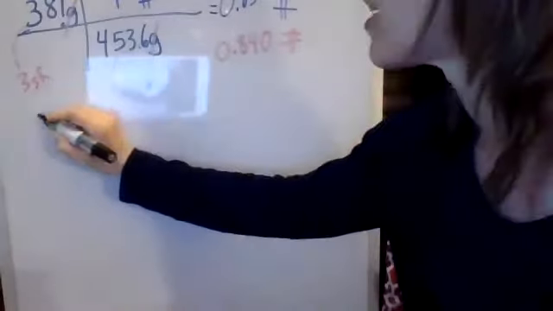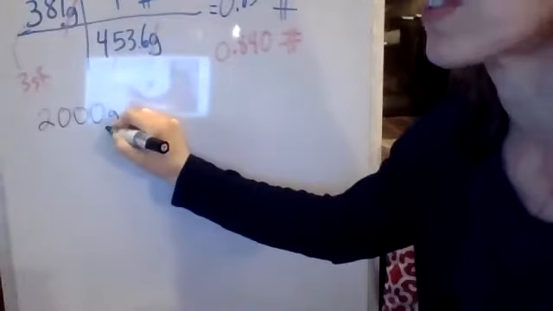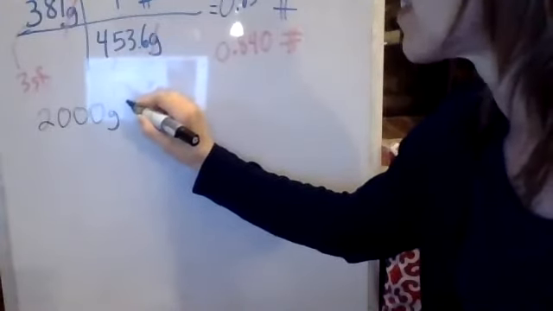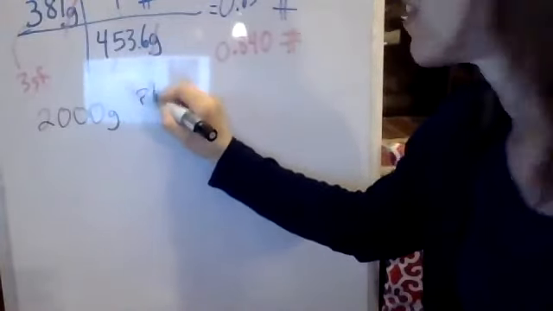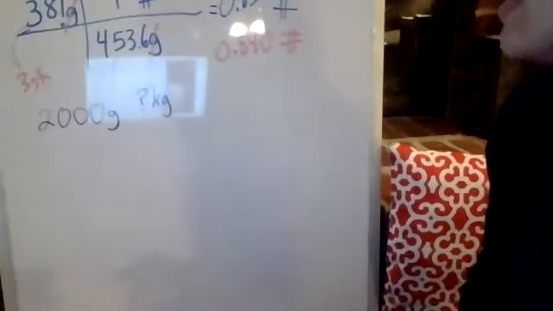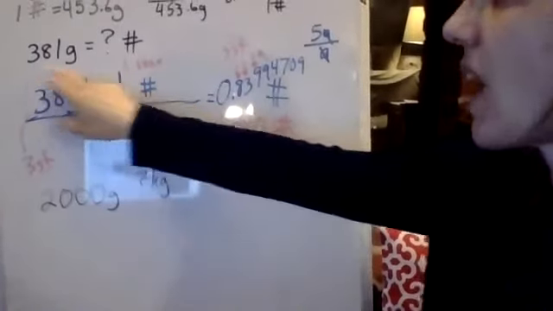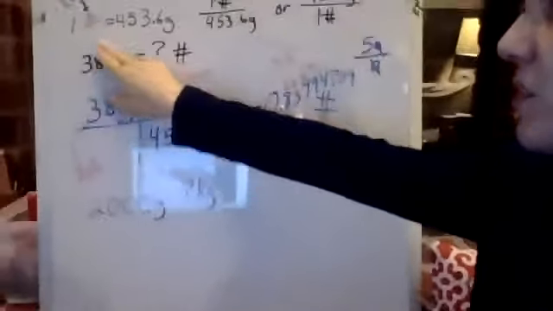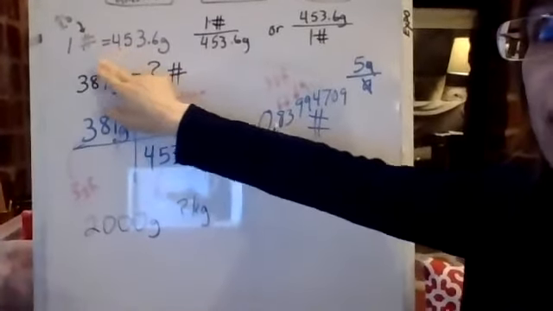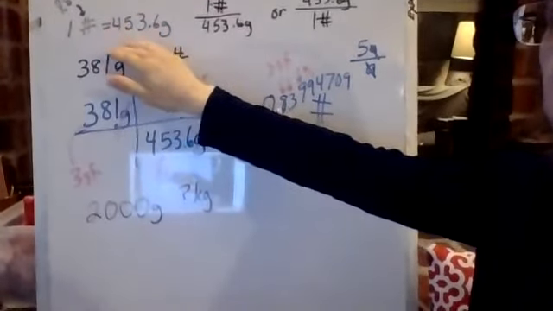Our next example says we've got 2,000 grams, and it's asking us how many kilograms that is. Now, you'll notice that in our first one, we were using British units, English units, the pound. So I gave you the conversion factor involving pounds, because we said we didn't have to memorize the English system.